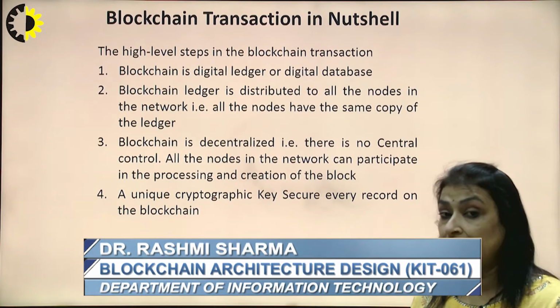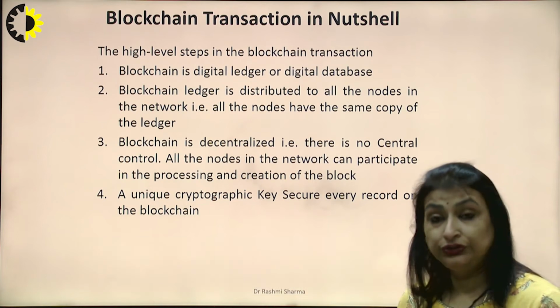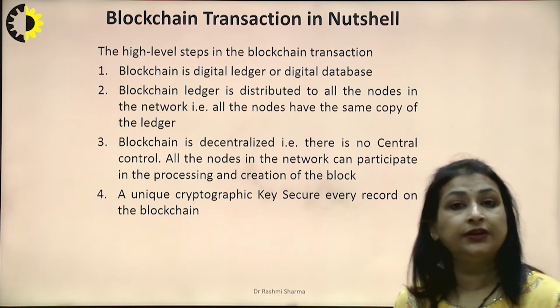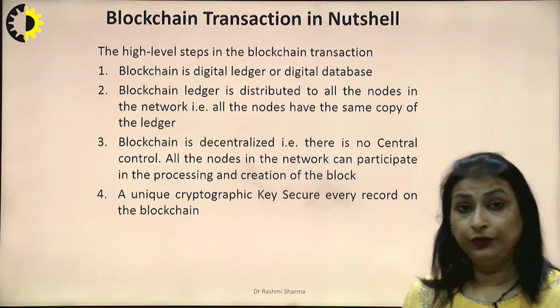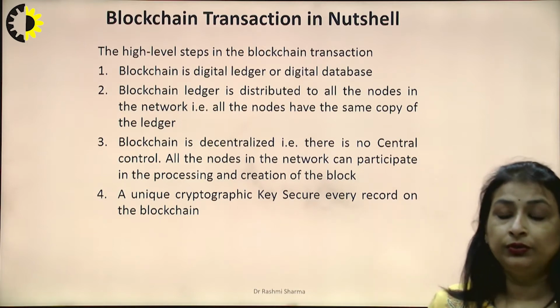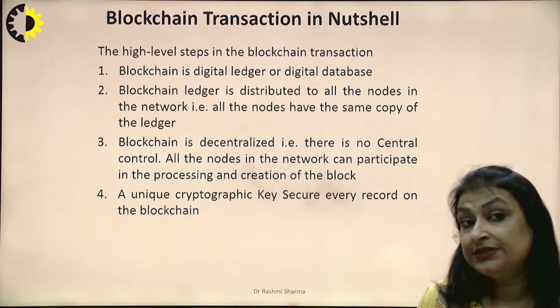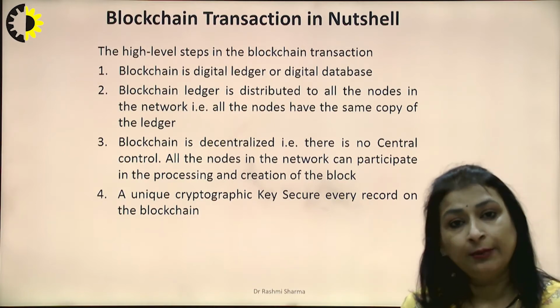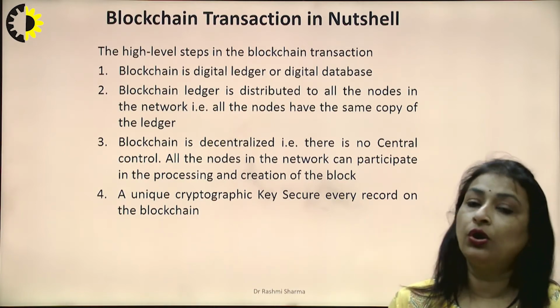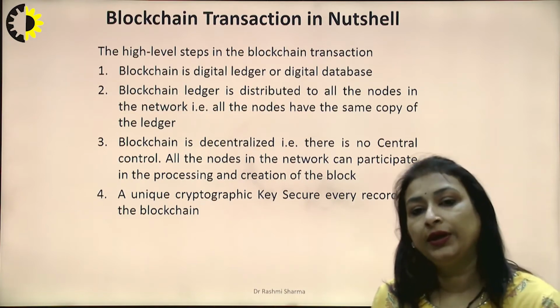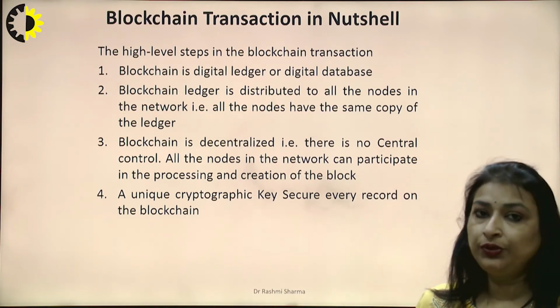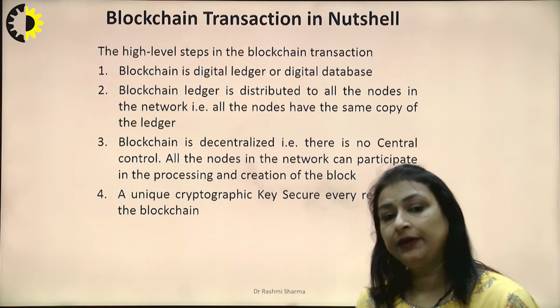And as it is a blockchain, this ledger should be distributed to all the nodes. The same digital database should exist on each and every node in that blockchain, so the same copy is replicated on each and every node.